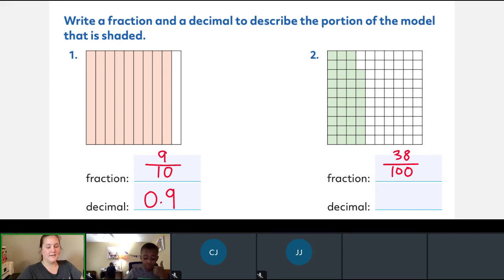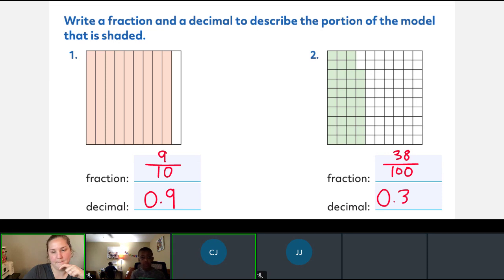Okay, so our fraction is 38 over 100. Then to find our decimal, we're going to divide those two. So type in 38 divided by 100. And that's going to be 0.38. So now we are finished with numbers 1 and 2. Make sure you guys have those down.